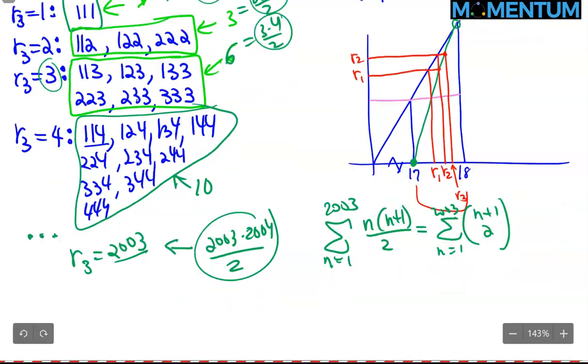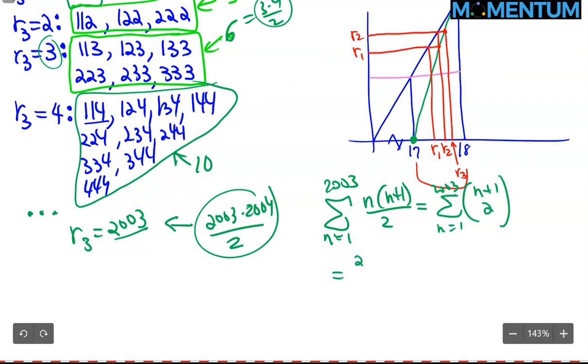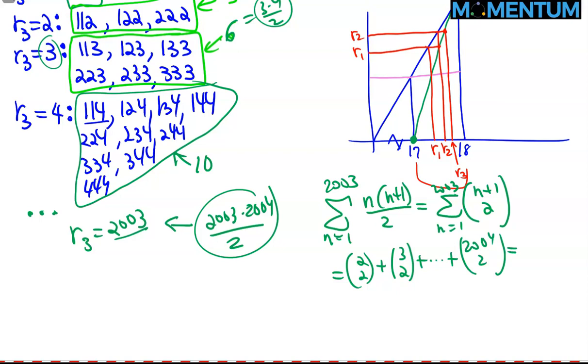So if you plug them in, starting at n equals 1, you have 2 choose 2 plus 3 choose 2 plus, wow, and then 2004 choose 2. Hey, I know you. So by hockey stick, this is just 2005 choose 3.